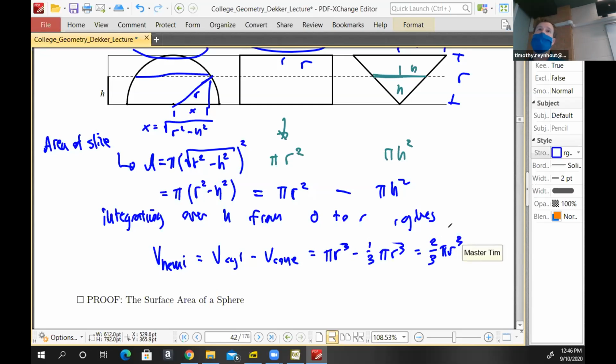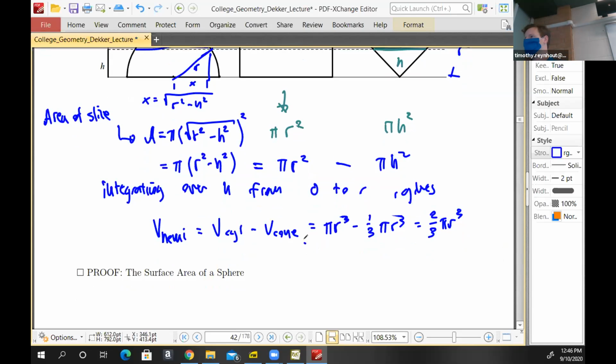But that's only the hemisphere, it's not the whole sphere. So the volume of the sphere is equal to twice that, or 4/3 pi r cubed. That's how we know this is the formula for the volume of the sphere.